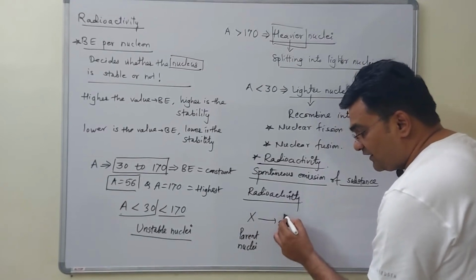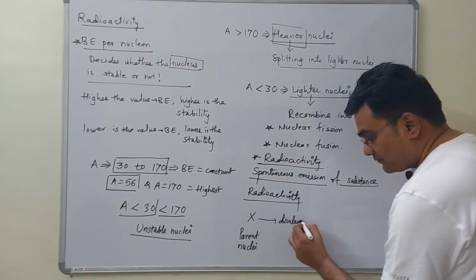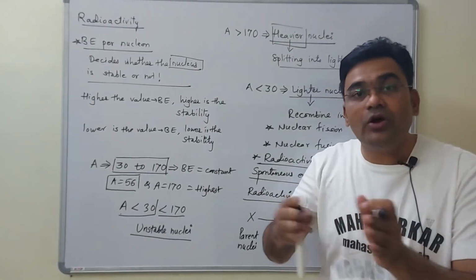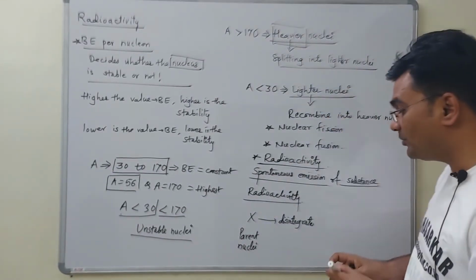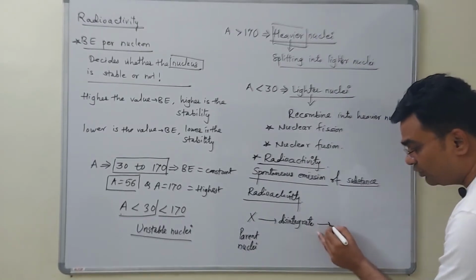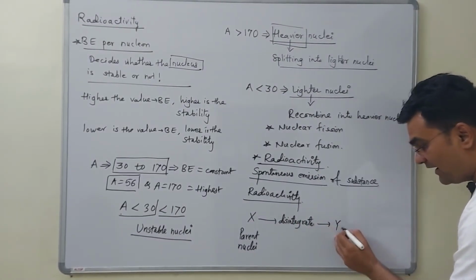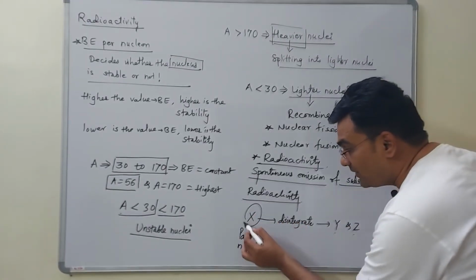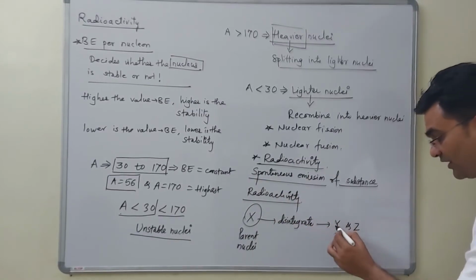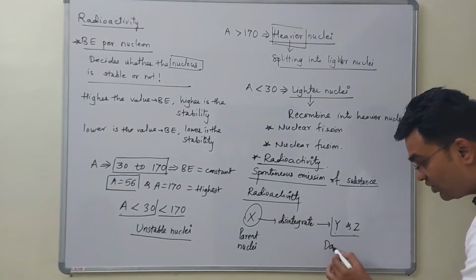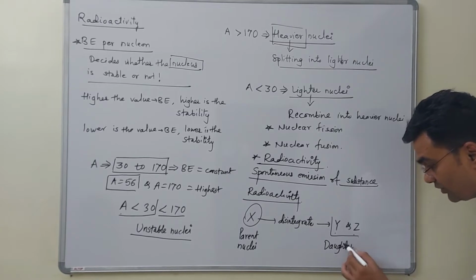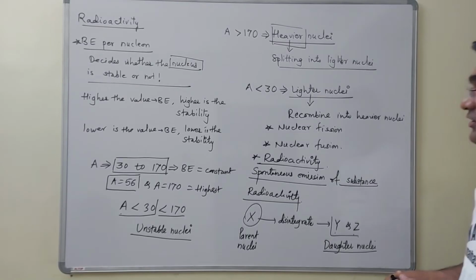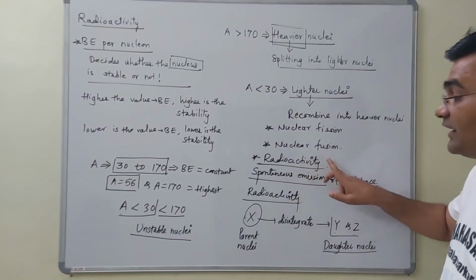It will disintegrate, meaning it will split automatically into small parts, say Y and Z. These Y and Z are the outcome from X which is spontaneously emitted, and so Y and Z can be called daughter nuclei. So this process is called radioactivity.